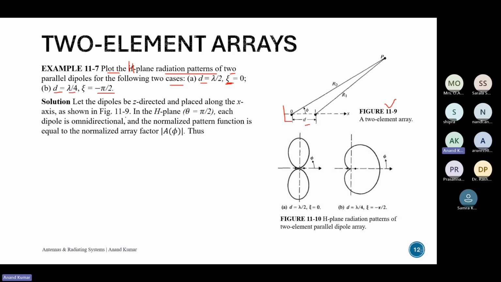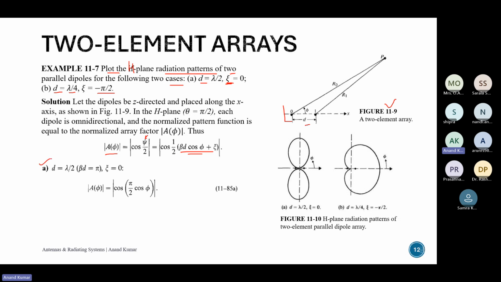From the previous question, this was the array factor, and we can substitute the array factor expression here and then calculate this term.